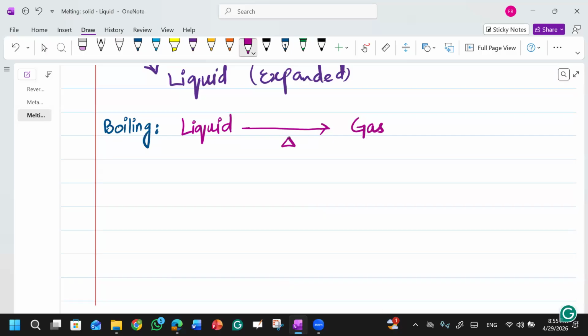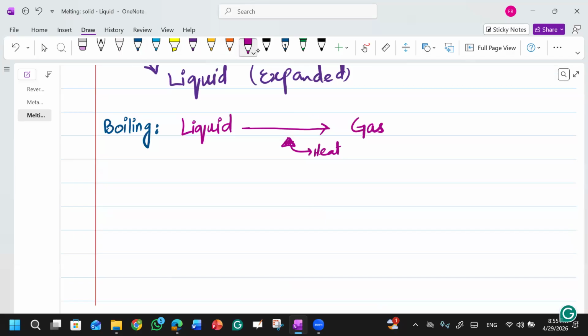When you are providing it heat, this triangular sign is for heat, and you are providing it specific heat. You will see this in the chemistry book in the reactions. Whenever there is an arrowhead and a triangle like this, this triangle represents the heat that you are giving. So in boiling, what will happen? You know, in the liquid there are vibrations, there are intermolecular forces, right?